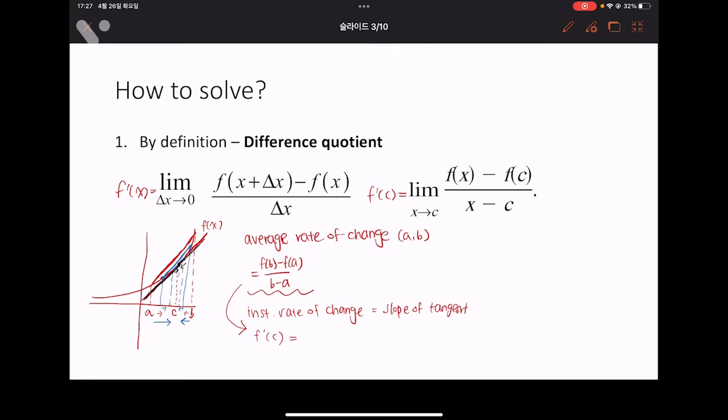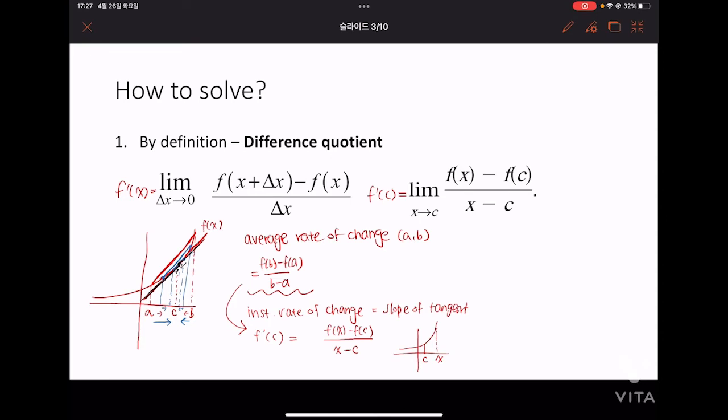It's the same. We get the rate of change, which is the change in y over change in x, which we can write as f(x) minus f(c) over x minus c. So it's like in such a graph, that's c and that's x.